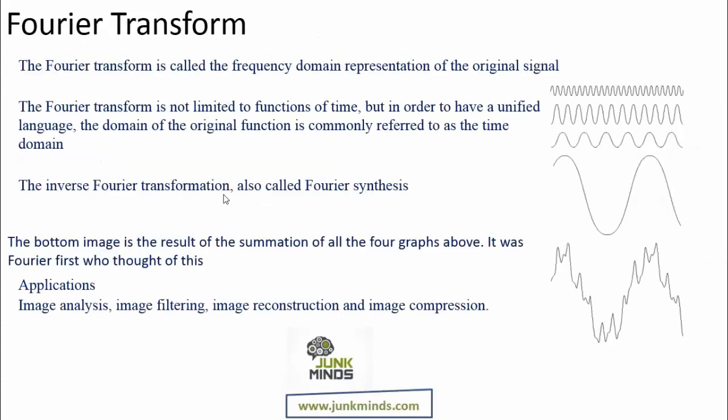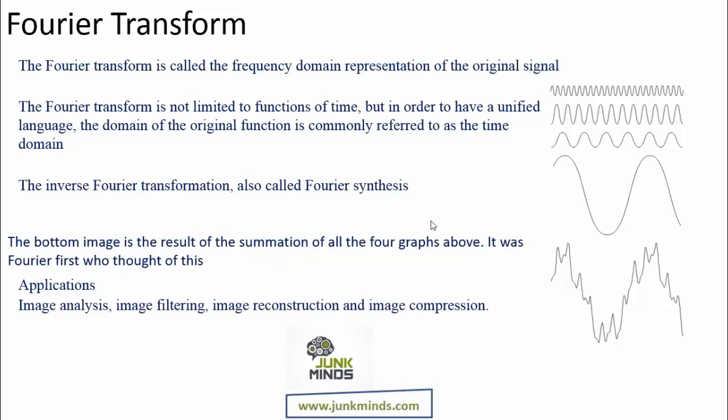So now let's start with Fourier transform. If you see these four images over here, the summation of all these four sinusoidal waves is this image, and the idea behind this was first thought by Fourier. So now Fourier transform is called a frequency domain representation of the original signal.